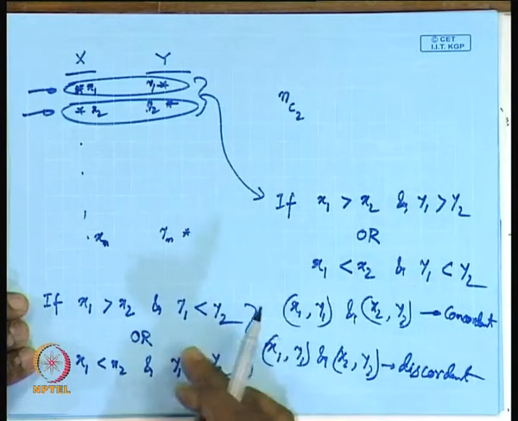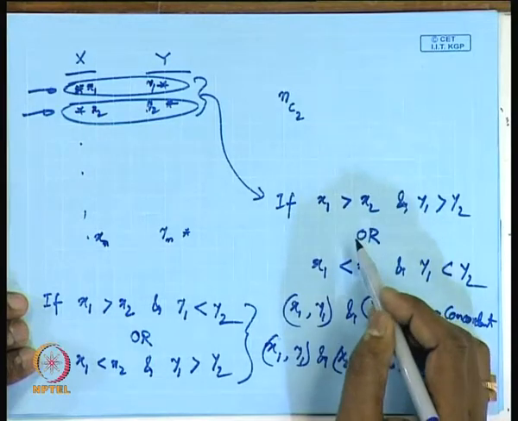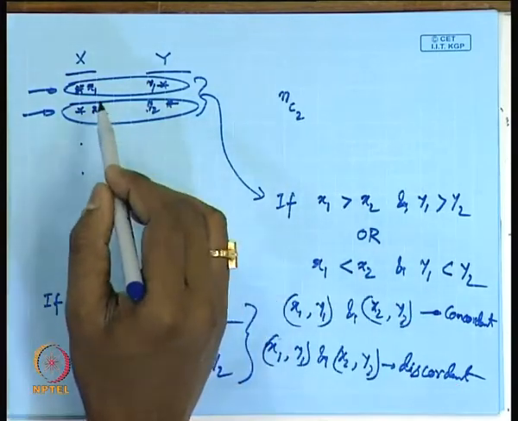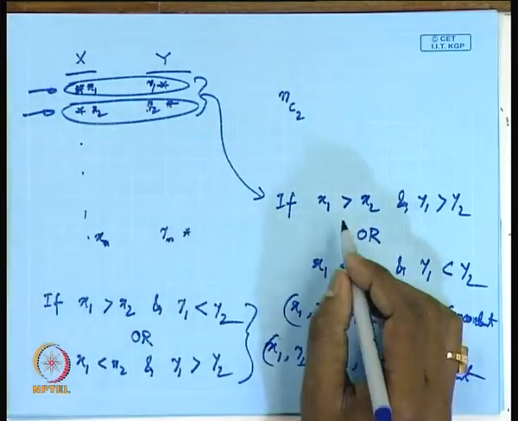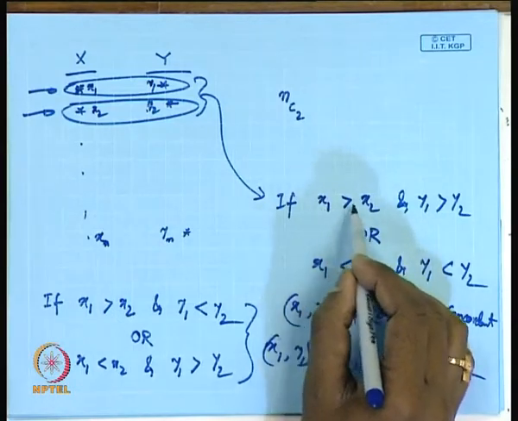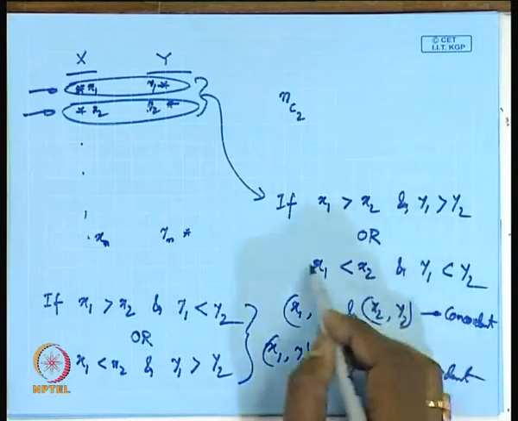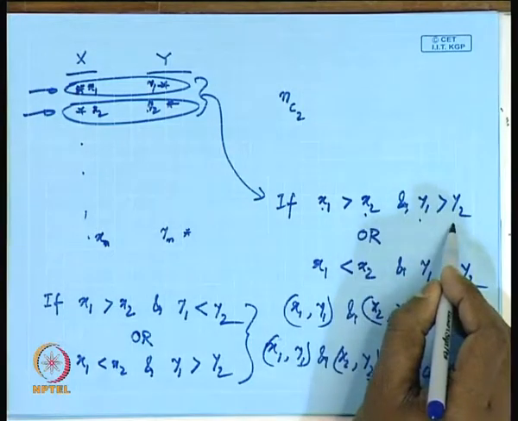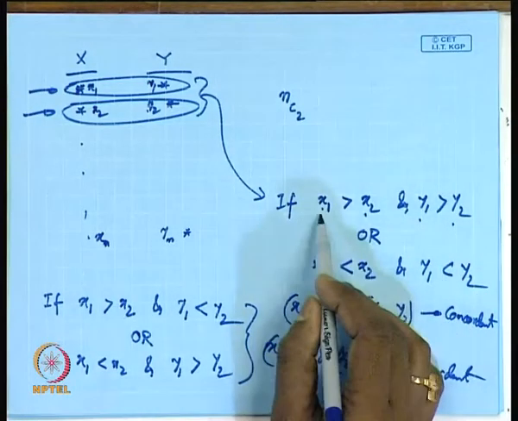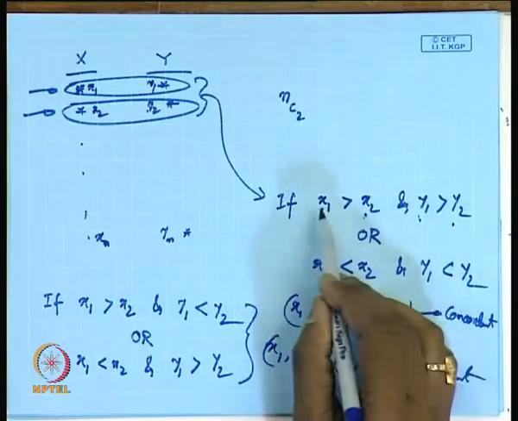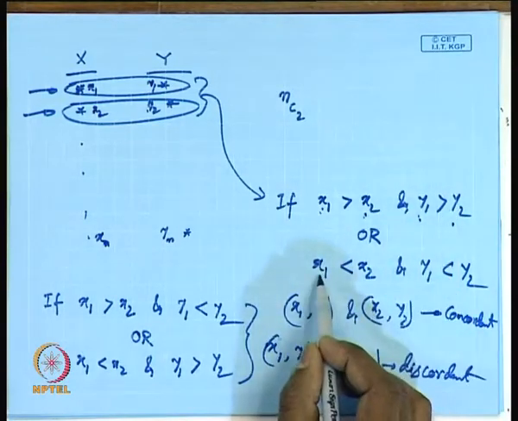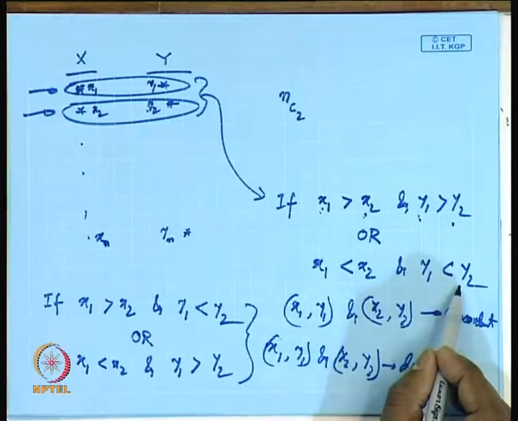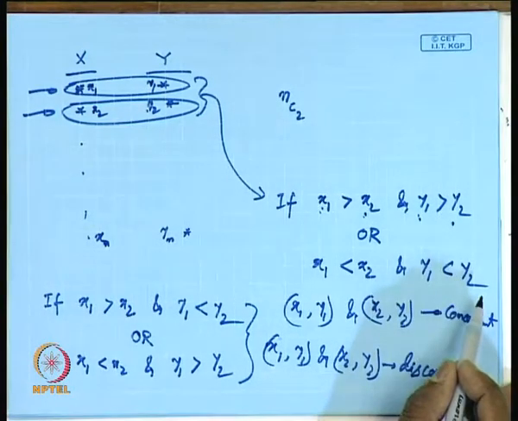Now how do we test it? By visual inspection you can see, or if we want to combine both these conditions together, we can say that if x1 minus x2 multiplied by y1 minus y2 is greater than 0, then it is a concordant pair. If this is greater than this and this is greater than this, the multiplication will be greater than 0, and if this is less than this and this is less than this, then also the product is greater than 0.